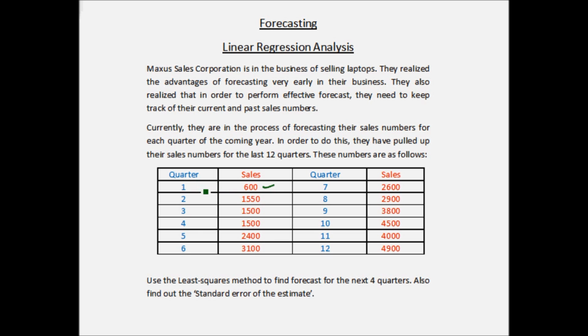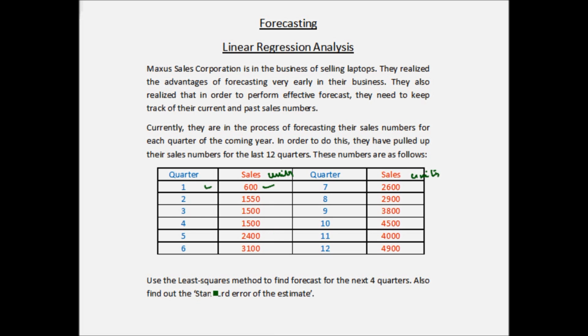So for the first quarter, their sales were 600. Now this is all in terms of units. For the second quarter, their sales were 1550 units, third quarter 1500 units, and so on.